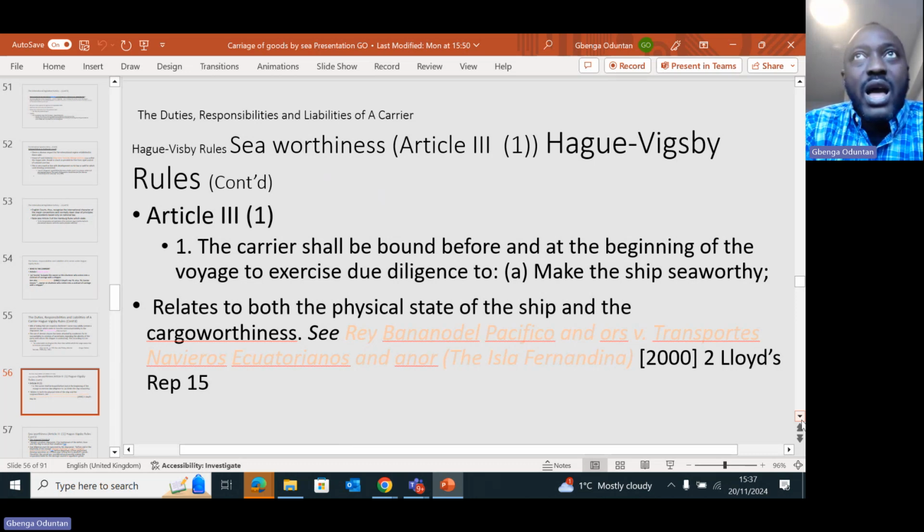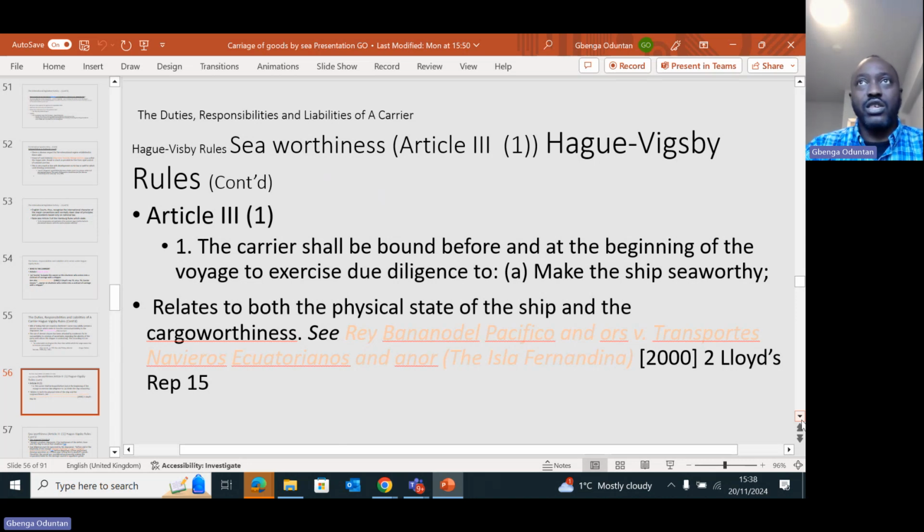When the goods are lost, when the goods are damaged, the issue of whether the ship was seaworthy in the first place comes up. So seaworthiness is an obligation that is placed on the owner of the ship. You must ensure as a carrier that your ship is worthy of the adventure of maritime transportation.